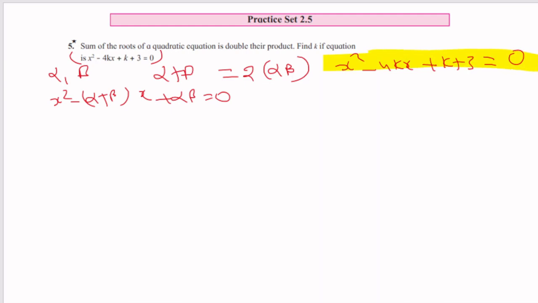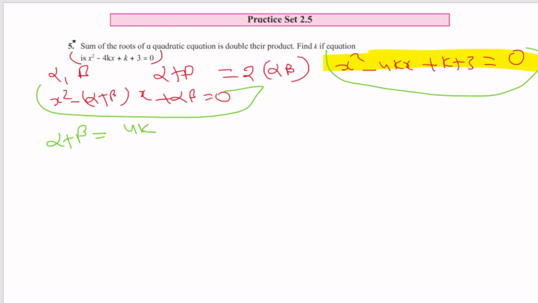So if you compare the given equation with the required formula, I can say that here alpha plus beta is equal to 4k, isn't it? Right? Alpha plus beta is equal to 4k. Simply alpha into beta is equal to k plus 3 after comparing the equations.